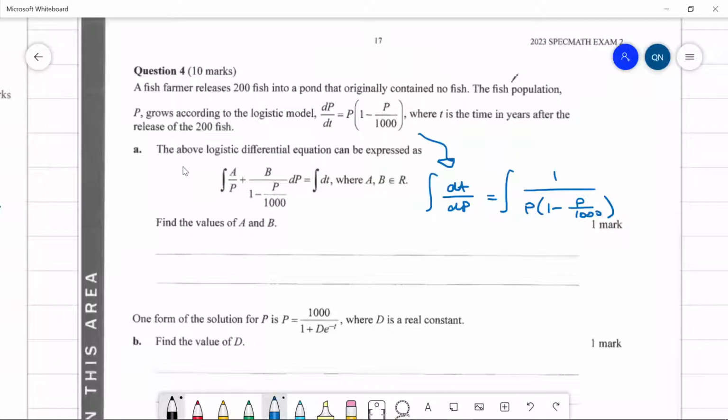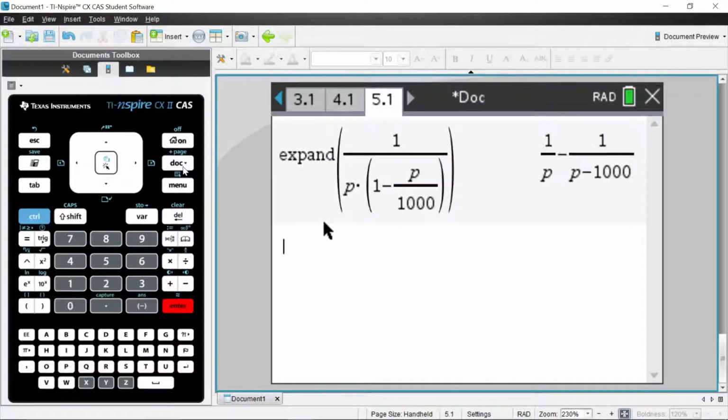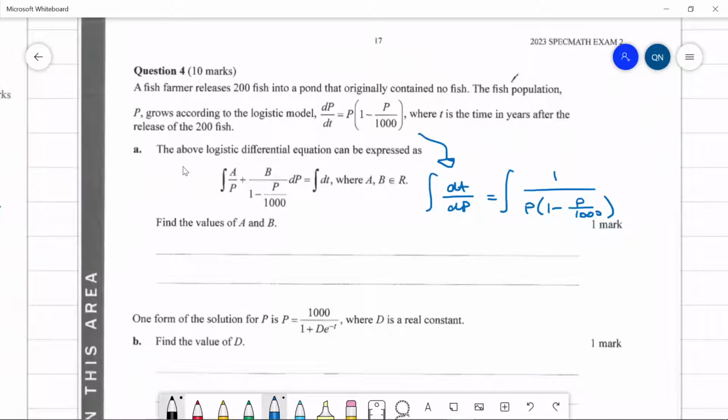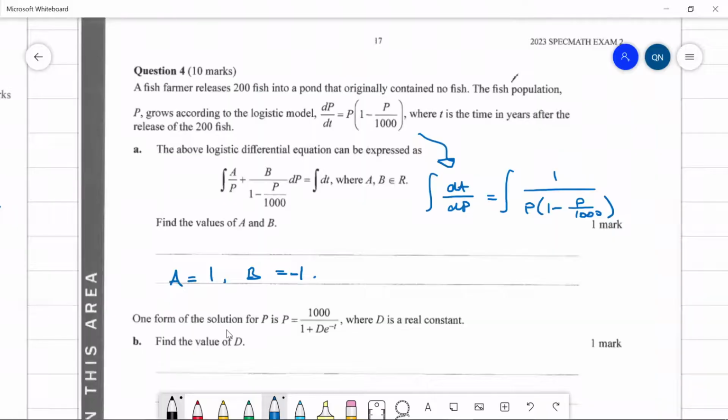Expands. We have 1 divided by p times 1 minus p on 1000. So yeah, a is going to be equal to 1 and b is going to be equal to negative 1, because it's a negative over here.